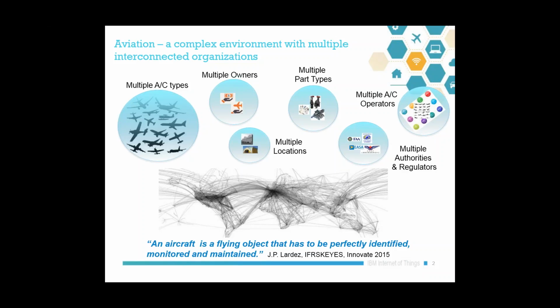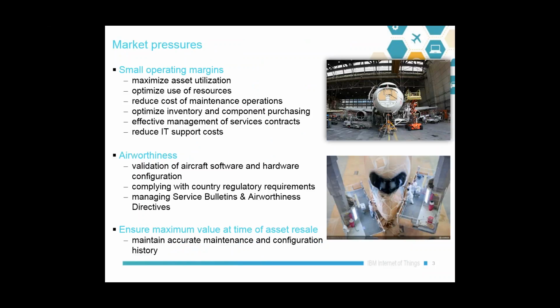As we look at this market, a lot of these requirements are very similar to other markets that Maximo provides solutions for, but there are some unique requirements. Very small operating margins require that asset utilization is very high because of the capital costs in this market. So optimization of the use of resources, whether that's people or facilities, and anything we can do to reduce the cost of maintenance operations helps with increasing the margins.